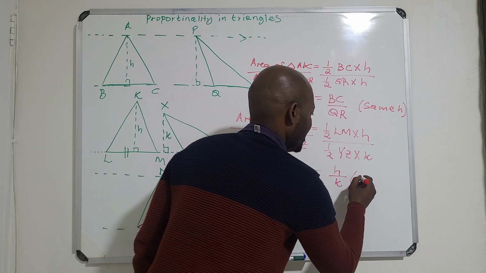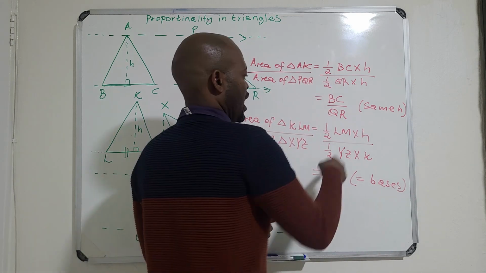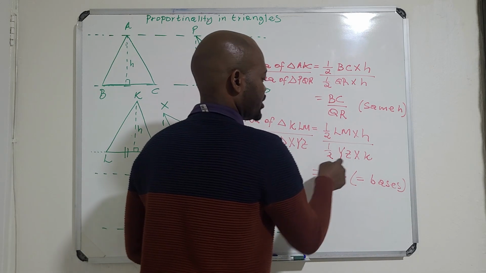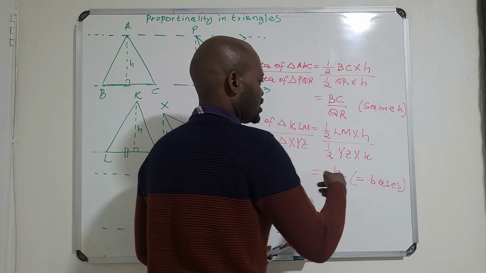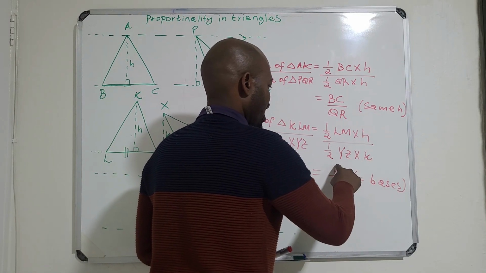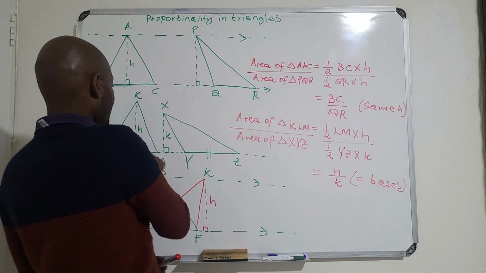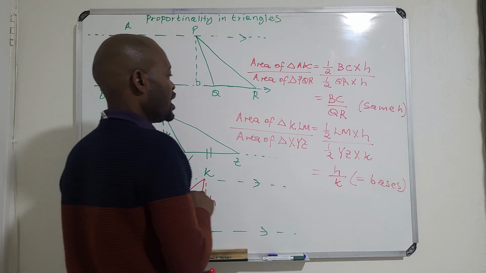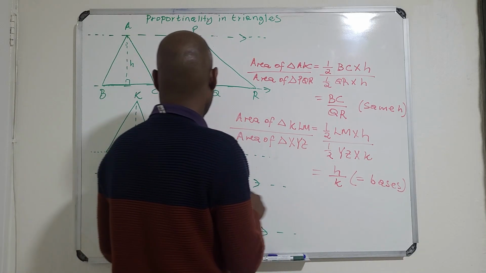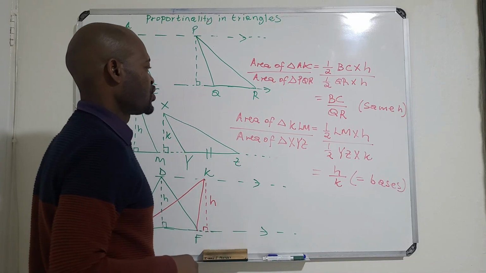Because of equal bases, LM is equal to YZ. That is why they cancel, and also these cancel. We are left with H over K. Therefore, the area of this triangle over the area of this triangle is equal to the height of this triangle over the height of the other triangle.